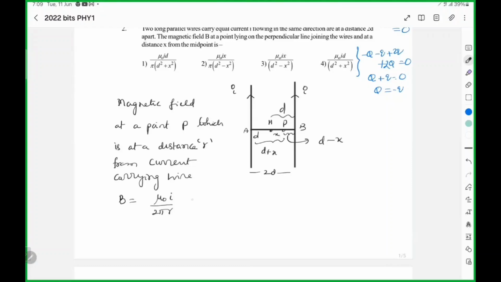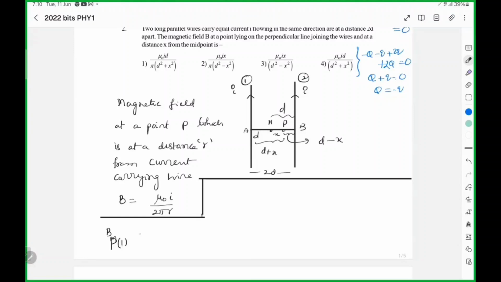So at P, the magnetic field at P due to the first wire is mu naught I by 2 pi into d plus x.